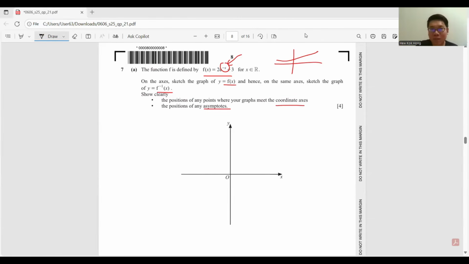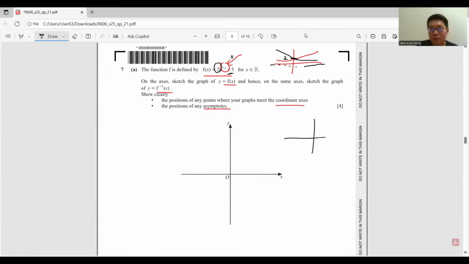Positive x becomes negative x, so it will become this way. Next, the amplitude becomes 2, so the intercept becomes 2. At last, the whole graph moves up by 3, so the asymptote moves up to become 3. And the 2 moves up by 3 to become 5. This is my fx graph.